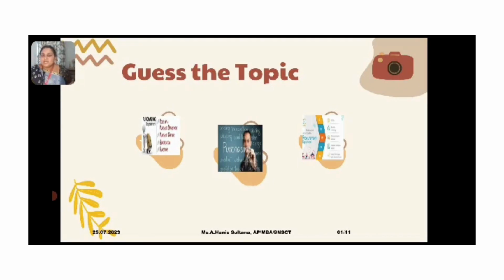Based on these pictures, we can guess. The first picture tells what purchasing is, what it means, and we are going to learn the topics on the sub functions and importance of purchasing management.